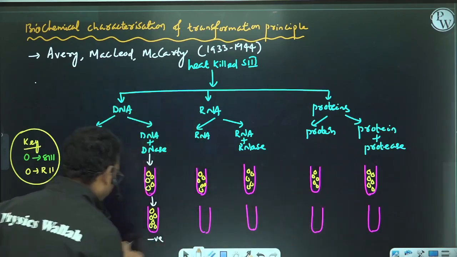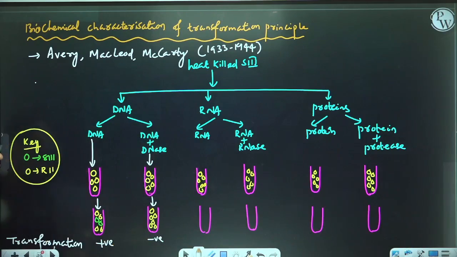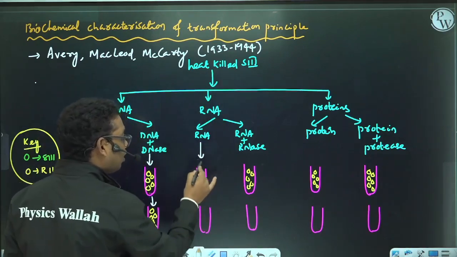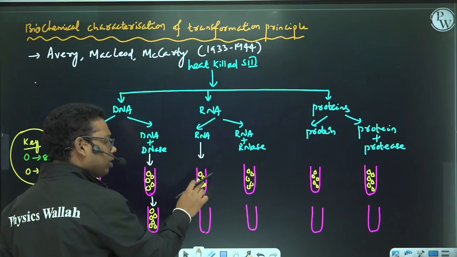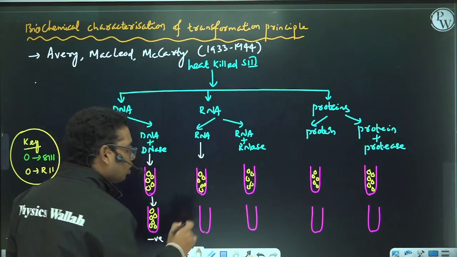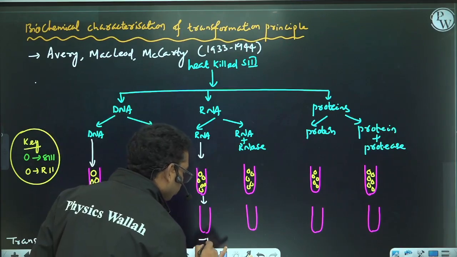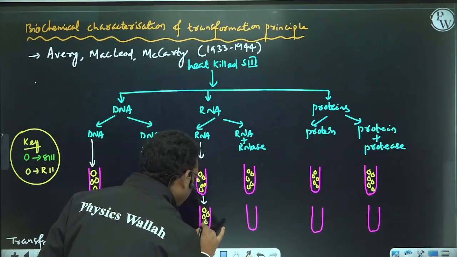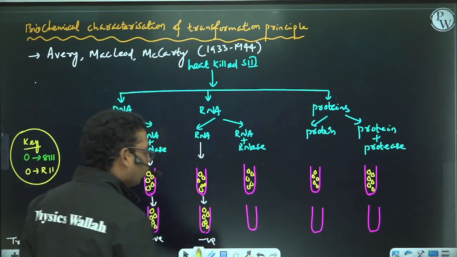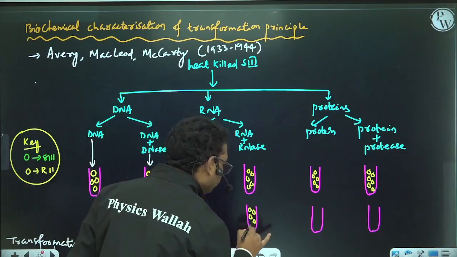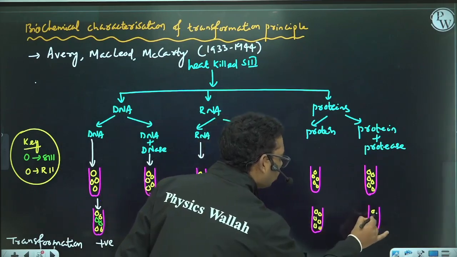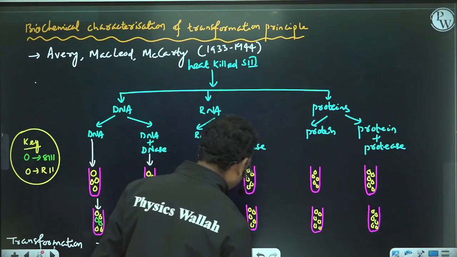And when they injected the RNA from the heat killed S3 into the culture medium containing the R2 form, they observed that there was no transformation. Here also only R2 form, and here also only R2 form of bacteria were observed.